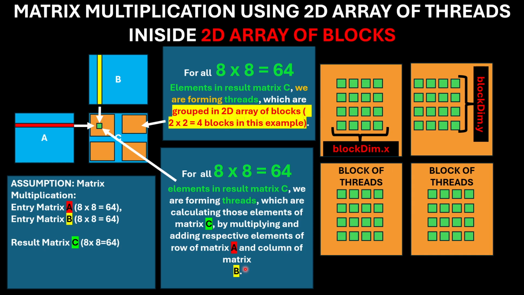So I hope we understood what is happening here, and these pictures can help you to imagine what is happening. But one thread is executing and calculating one element of the matrix C by picking up a row and a column from the matrices A and B.